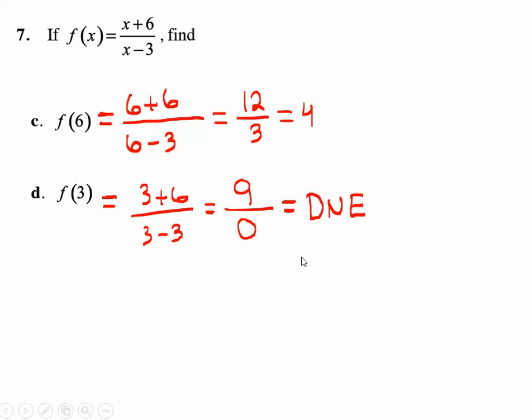Okay. All right, and this is the online answer. This is when you put D and E because it says does not exist in the textbook here. The answer what they would like is just undefined. It just means that there's no defined number for 9 over 0. It doesn't make mathematical sense.